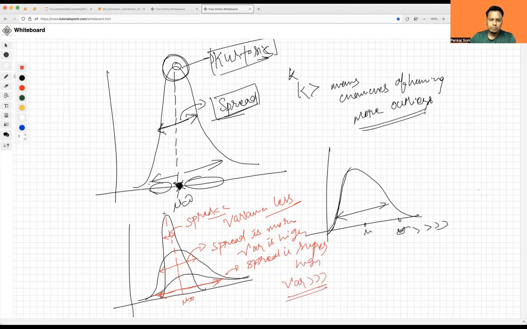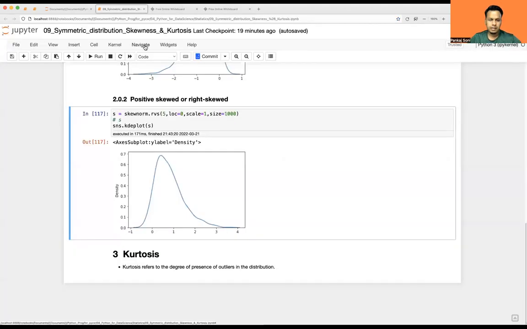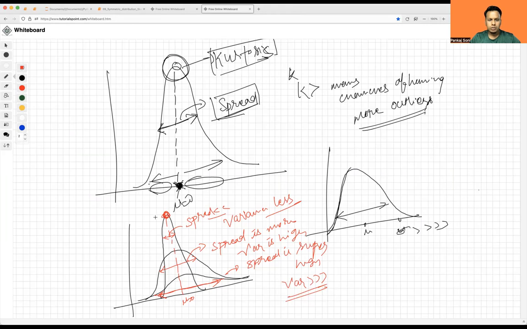Okay, so peakedness tells about more number of outliers, that is one thing, and it also tells how spread out your data set is. Width is less means less spread and less variance, and width is very high means variance will be high. Spread is very big in the data. Okay, that's what will be told by kurtosis. So for the higher value, you can see this value will be higher, and here the value will be less.